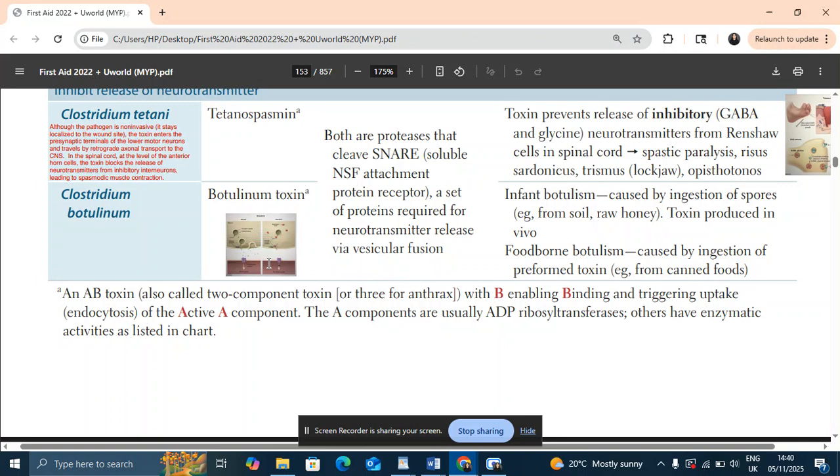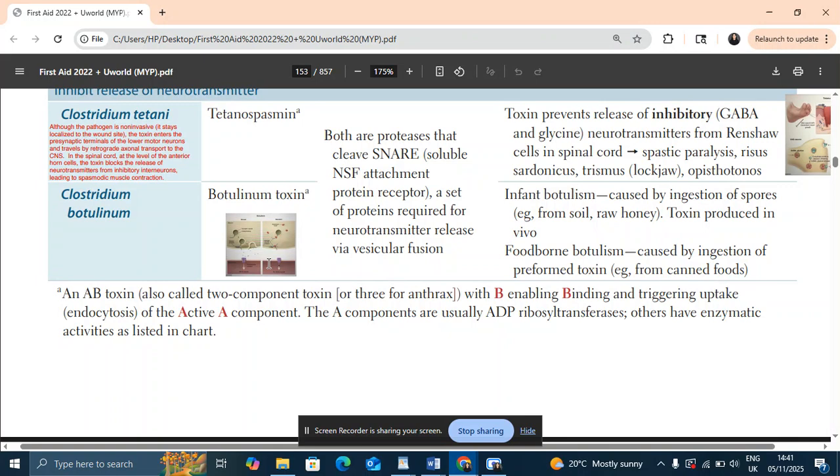Clostridium botulinum blocks the release of the neurotransmitter acetylcholine at the neuromuscular junction. In Clostridium tetani, tetanospasmin prevents the release of the inhibitory neurotransmitters GABA and glycine.